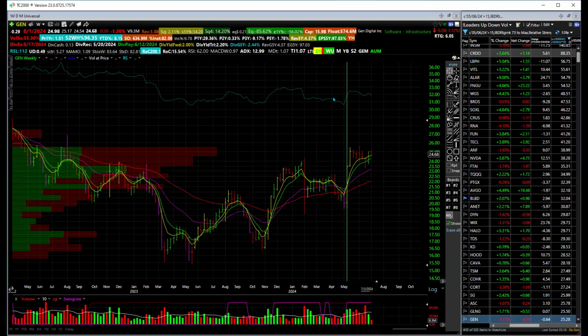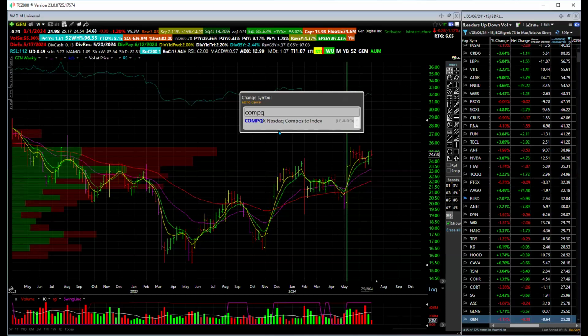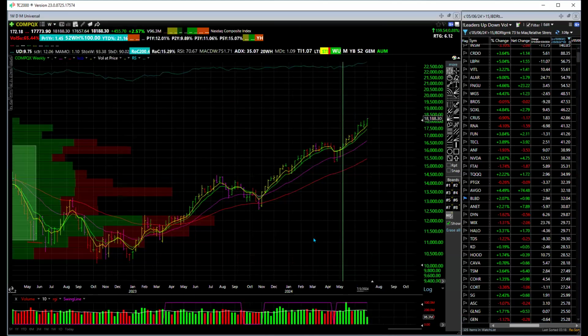And so if we now look at the index, let's look at the broad NASDAQ, because that's where most of these leaders are from. So we can see that the NASDAQ itself is very strong upward, and it's following its averages. So there's no weakness showing up as of right now. There is a lot of banter out there about pre-election jitters and maybe July will be an up month with weakness coming into August.